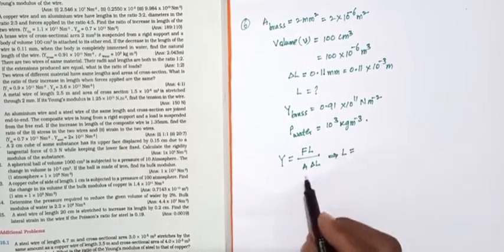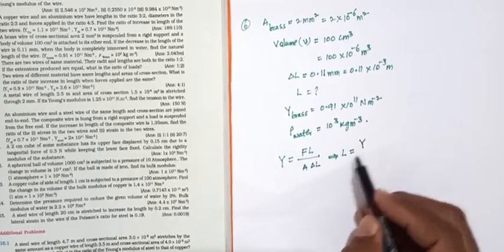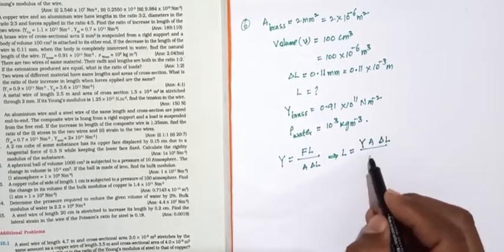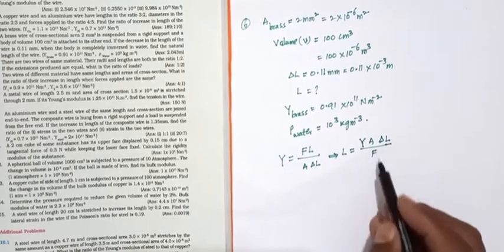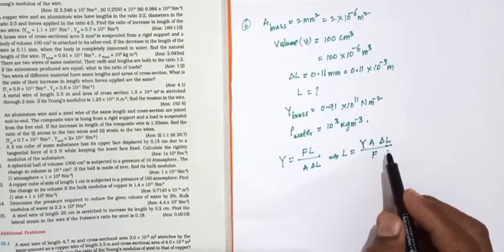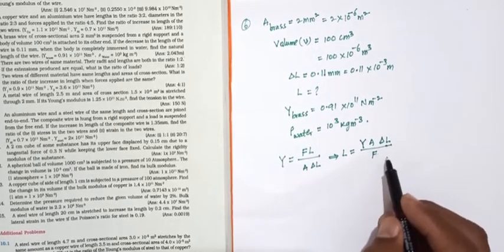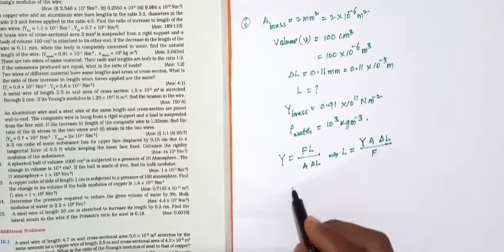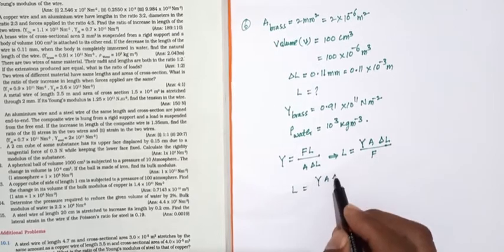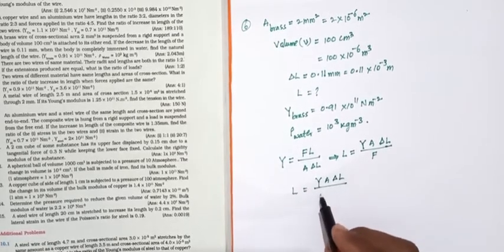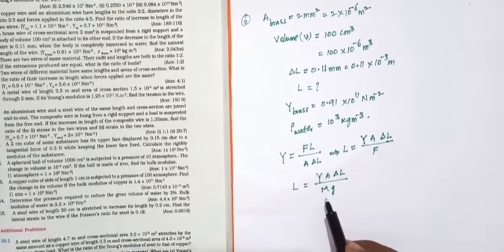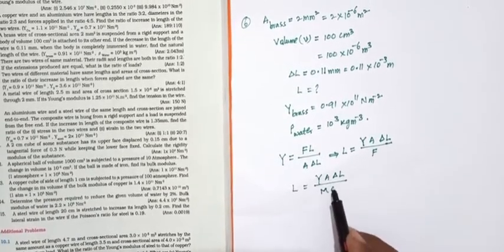Length L equals Y A delta L divided by force. Force is nothing but M into G, so L equals Y A delta L divided by mg. Acceleration due to gravity is taken as the normal value.